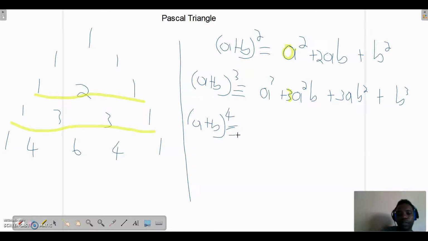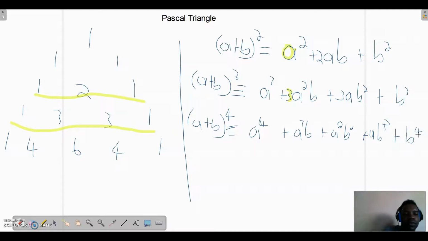This is going to be equivalent to, same pattern, a to the 4 plus a counts down, so you have a cubed b. A counts down, b counts up, so you have a squared b squared. And then I'm going to have a b cubed. And then I'm going to have b raised to the 4th power, which is the power of the bracket.